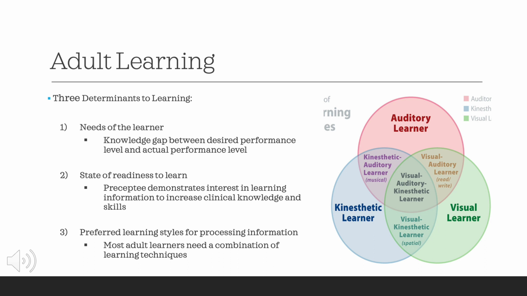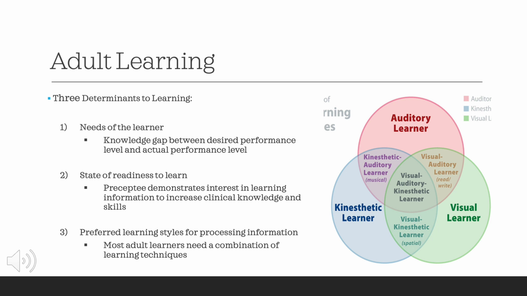There are 3 determinants to learning. First is the need of the learner. This is the knowledge gap between the desired performance level of the preceptee and the actual performance level of the preceptee. The second is the state of readiness to learn. This is if the preceptee is demonstrating interest in learning information and increasing clinical knowledge and skills, or are they not?